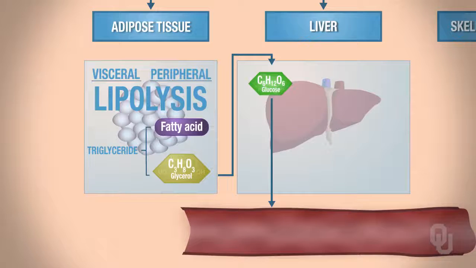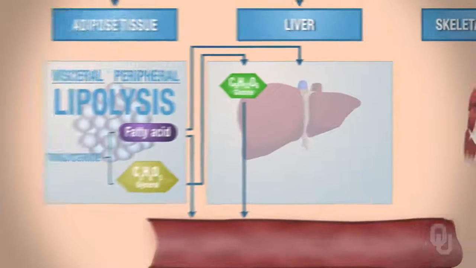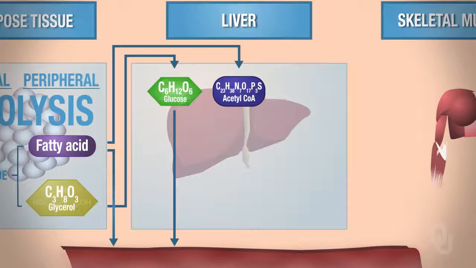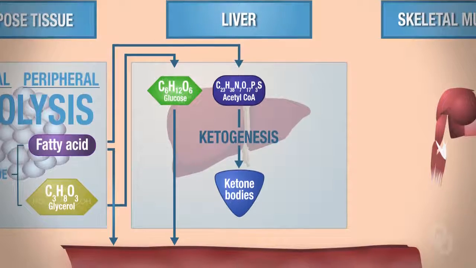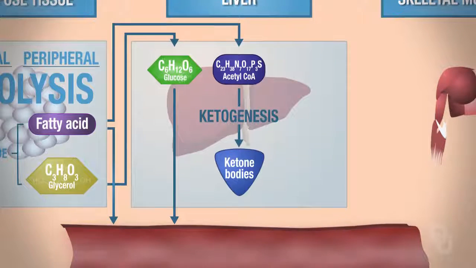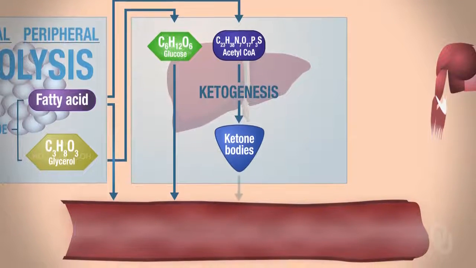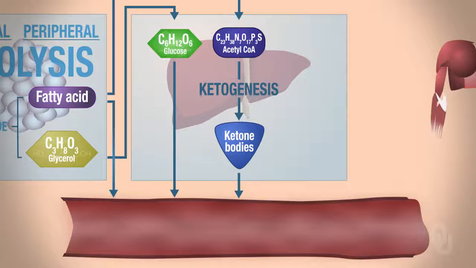Fatty acids can enter into circulation, so you can increase the amount of fatty acids in the plasma, but also fatty acids can go into the liver and they can be converted to acetyl-CoA. They can then be converted to ketone bodies via a process called ketogenesis. And when those ketone bodies get produced via ketogenesis, they enter into the bloodstream. So the level of ketone bodies can increase in the plasma.